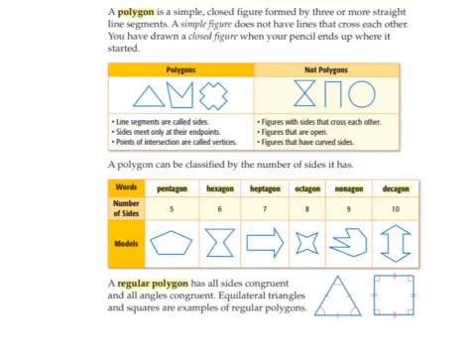And those are just some things that you need to remember. A regular polygon has all sides that are congruent and all angles that are congruent. So, an equilateral triangle and a square would be examples of regular polygons. All the angles are the same and all the sides.